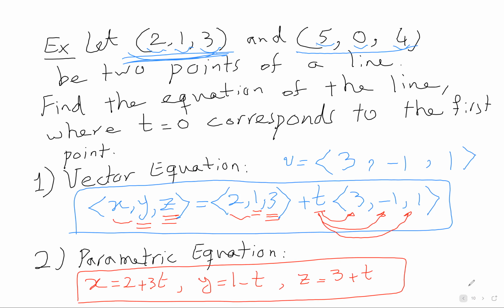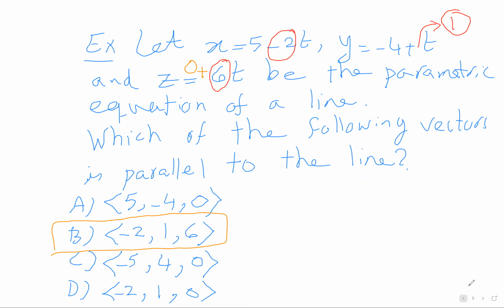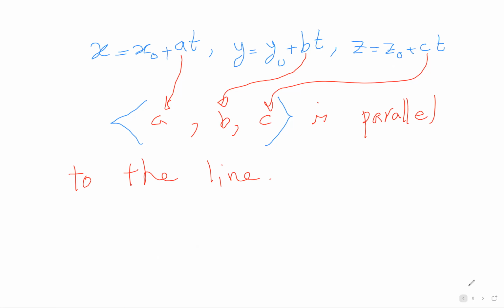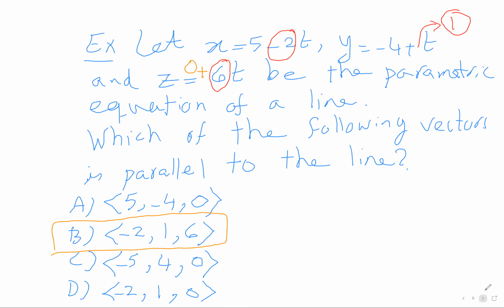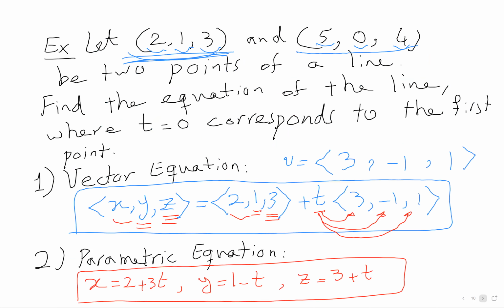So now let me go back to this slide. When the parametric equation is given in this way, I know that the vector of coefficients a, b, c tells me the direction. Now, if I have 2 lines given in the parametric form, I can determine whether or not they are parallel. So let me give an example here.